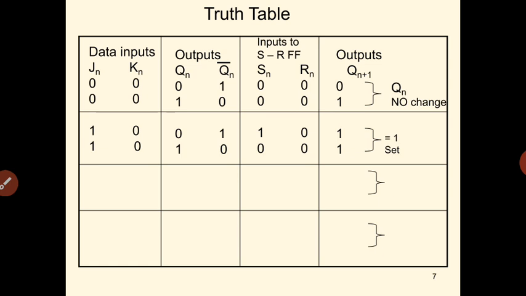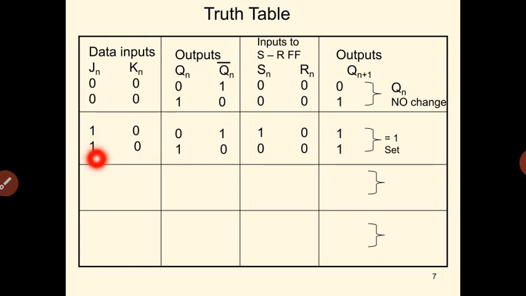That means the flip flop is in the set state. Whether the previous output is 0 or 1, for J is equal to 1 and K is equal to 0 the present output will always be equal to 1. That is the second combination of J and K inputs.